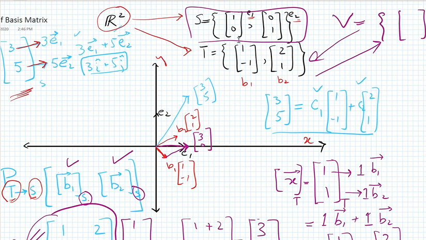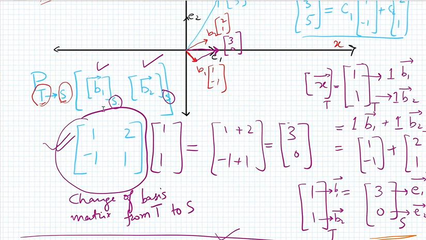So their existence is due to the natural basis. So in fact b1 and b2 are already in the natural basis. So I simply write b1 in the basis S as (1, -1), those are the components of b1, and similarly b2 is (2, 1).